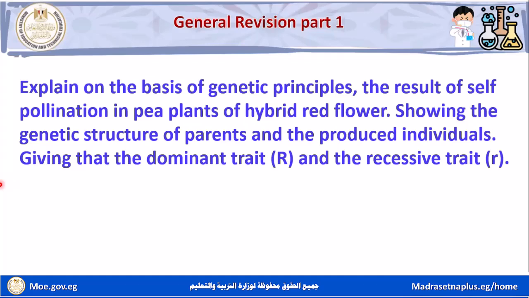Explain on the basis of genetic principle the result of self-pollination in pea plants of hybrid red flower, showing the genetic structure of parents and the produced individuals, given that the dominant traits are capital and the recessive traits are small.